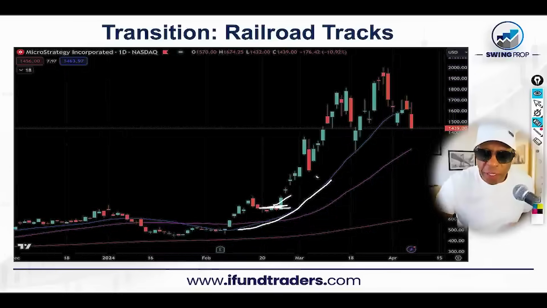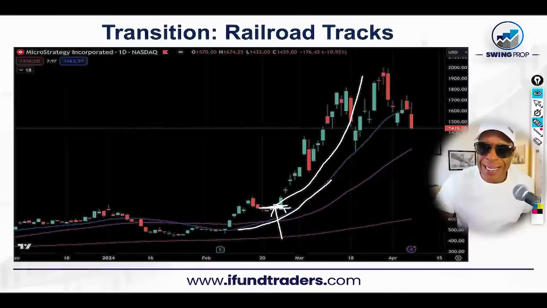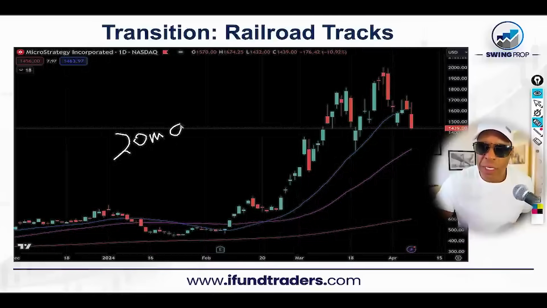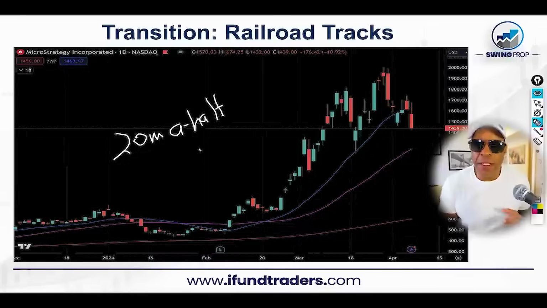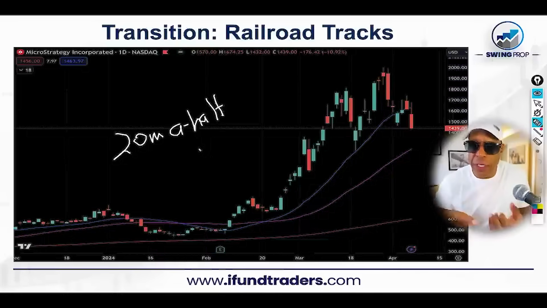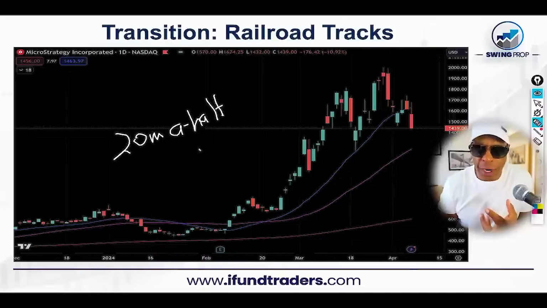Okay, so this is the start of an enduring run because you got the 20 MA halt. Just remember that, the 20 MA halt. This is the originator of a lot of very powerful swing trading opportunities, whether it's an hourly chart, 4 hour chart, or a daily chart, right?